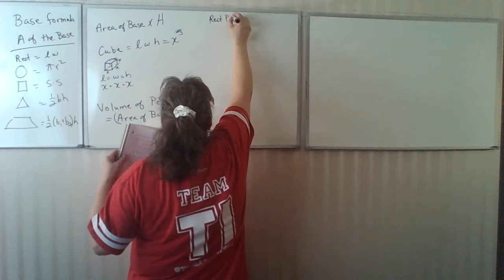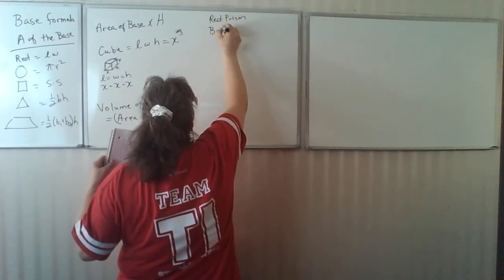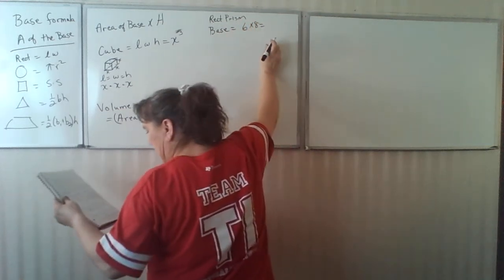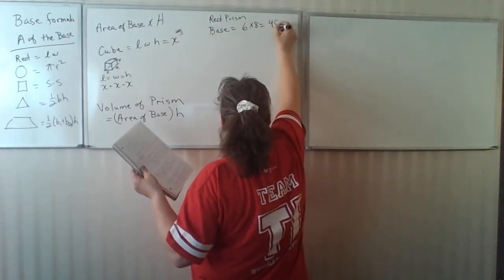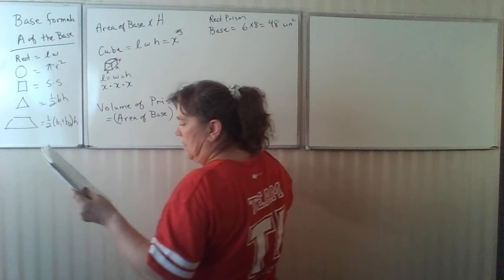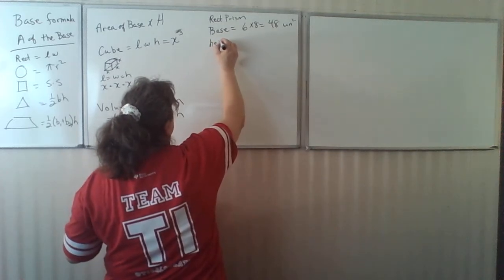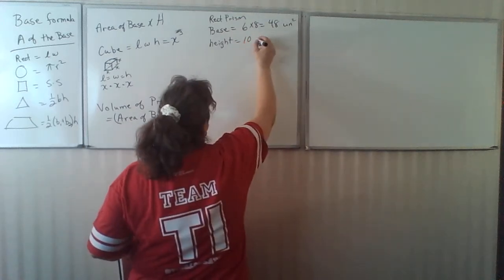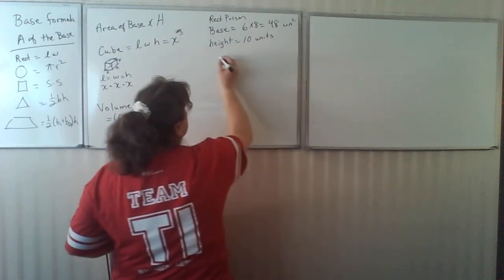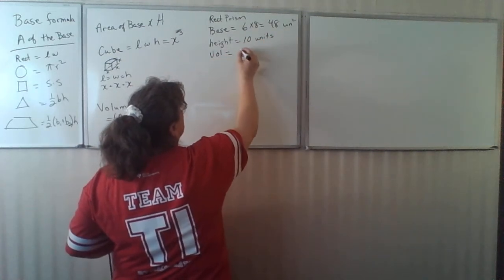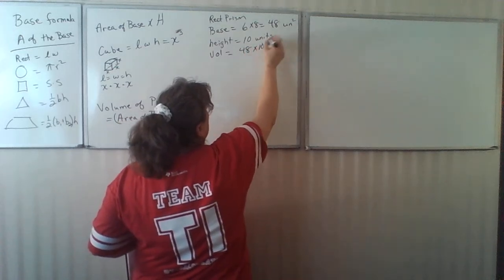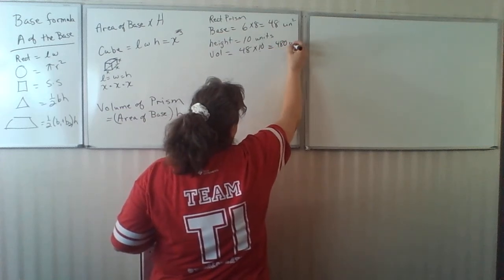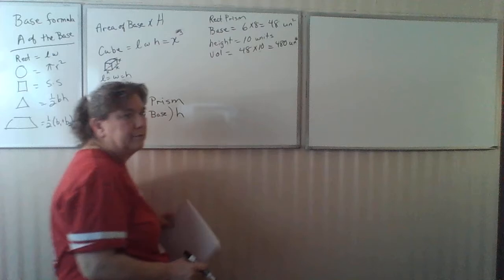This rectangular prism has a base that is equal to 6 times 8, which would be 48 square units. The height of my prism is equal to 10 units. So the volume of my prism is equal to 48 times 10. In other words, the area of my base times my height, which is 480 units cubed.